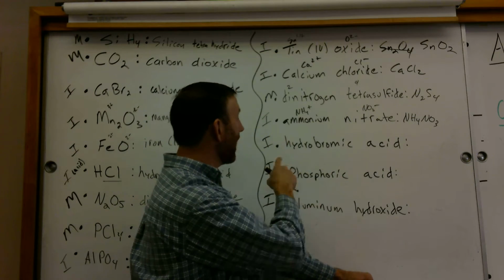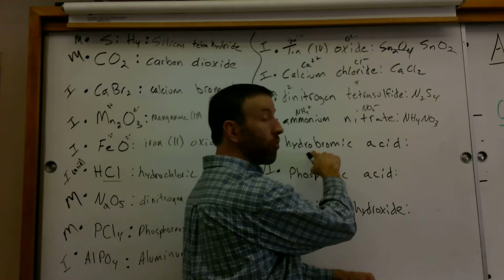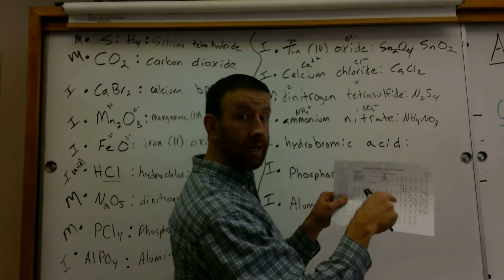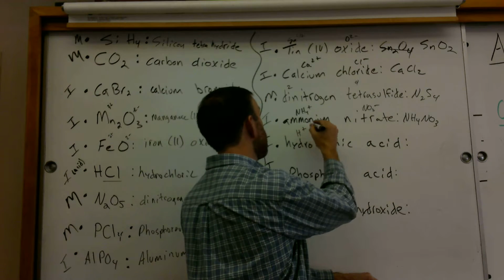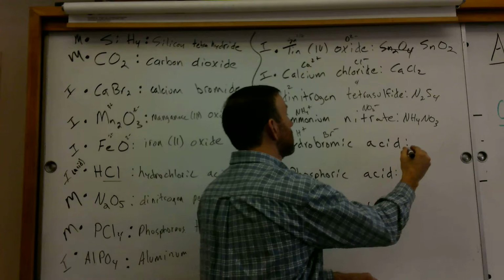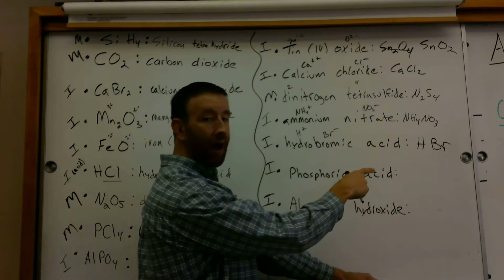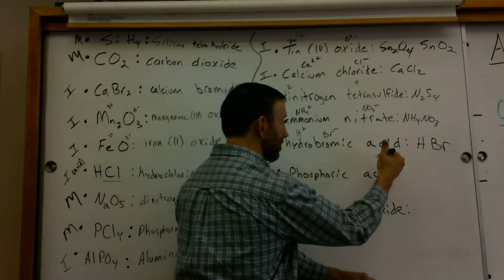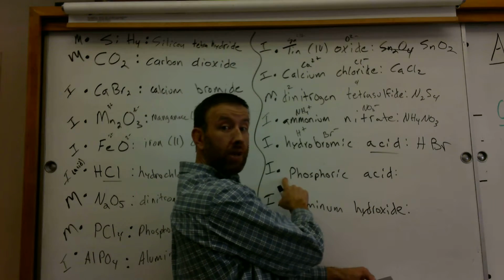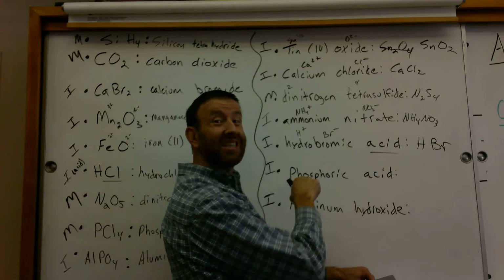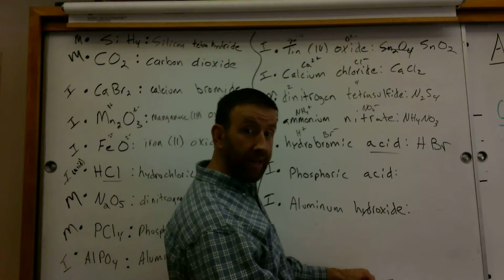All right, hydrobromic acid, right? So the hydro prefix tells me it's bromine, not bromate. All right, so it's going to be H+ and Br-. So that's just HBr. How did I know hydrogen? Because it's an acid. Phosphoric acid, there is no hydro prefix, which tells me it's not hydrogen and phosphorus, it's hydrogen and phosphate.